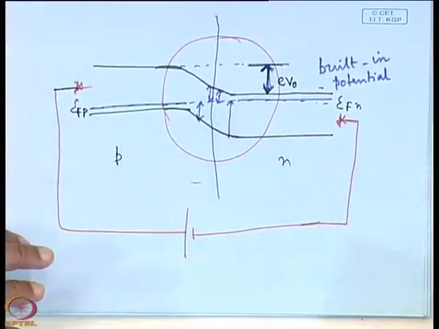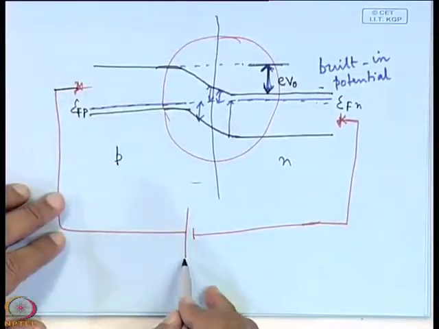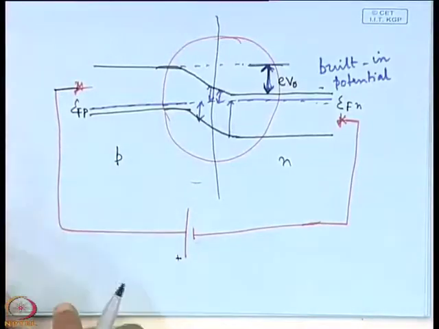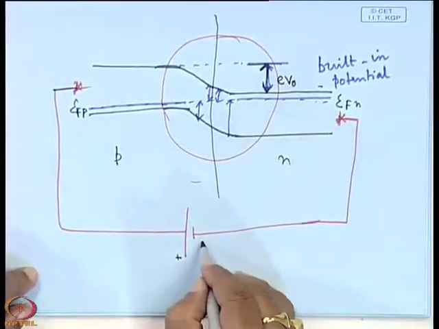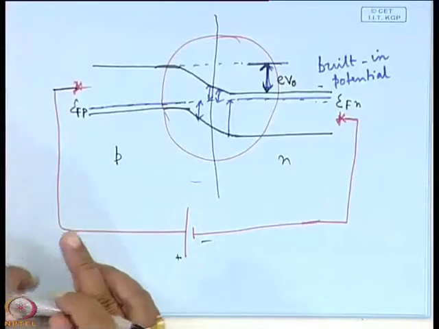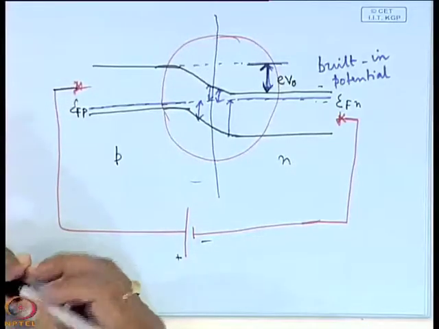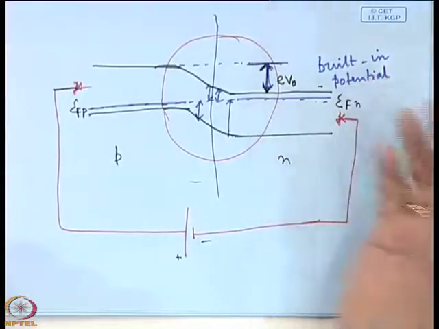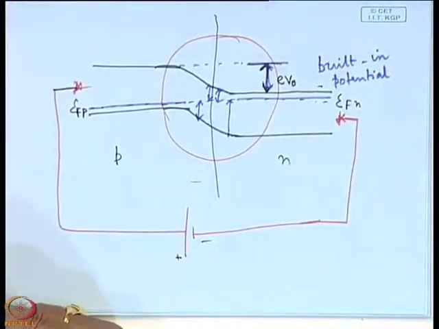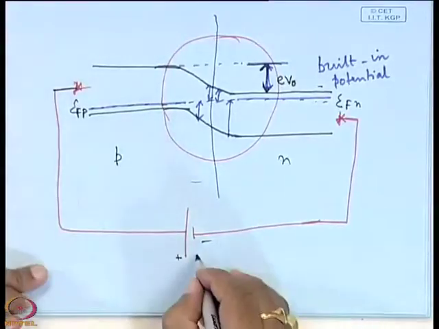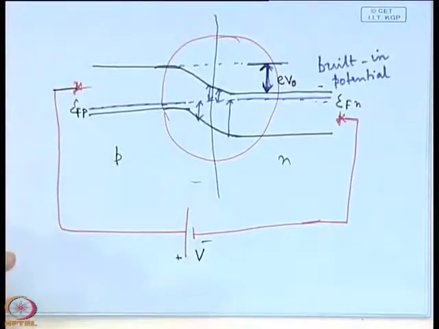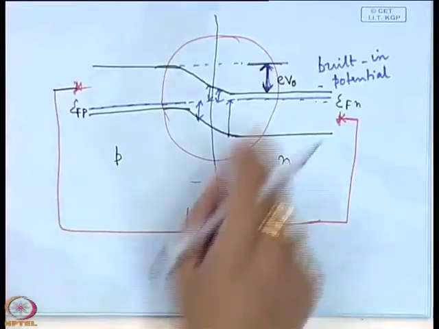Why is it forward bias? Because P is connected with the positive terminal of the battery and N side is connected with the negative terminal of the battery. When the positive terminal of the battery is connected to the P side and the negative terminal is connected to the N side, then it is known as forward bias. Under such a circumstance, suppose the bias is V, V volt is applied, then what will happen?